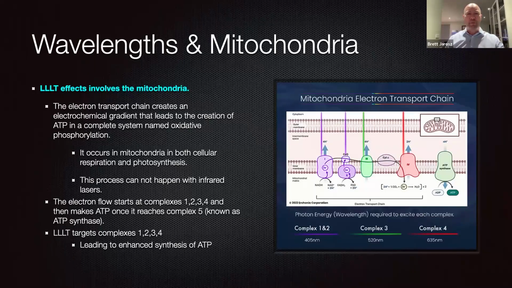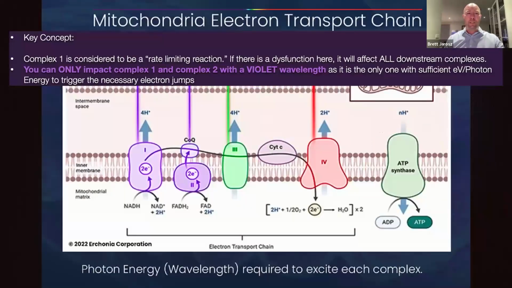Again, just some food for thought there. So again, the key concept here is complex 1 is considered to be a rate-limiting reaction. So if there is dysfunction at complex 1, it will affect all downstream complexes. Because that is the start of that whole electron transport chain, if there's an issue at number 1, then those issues of dysfunction are not going to be able to progress.